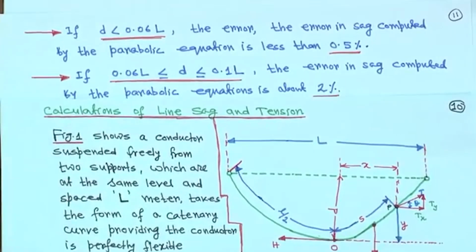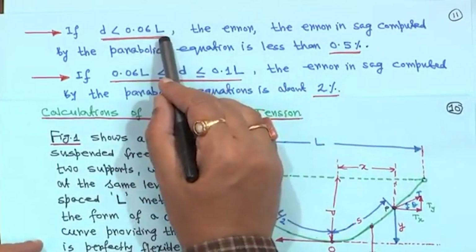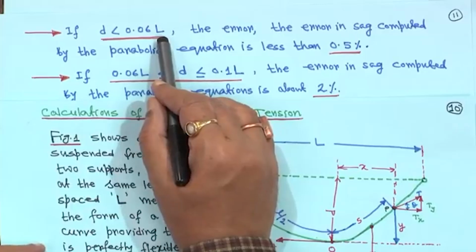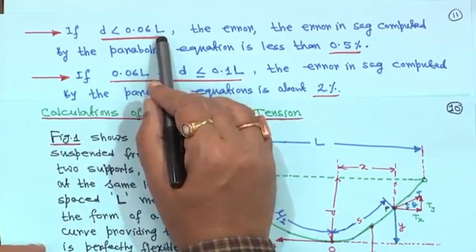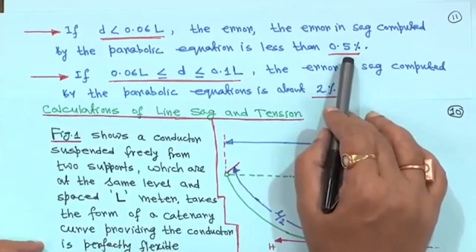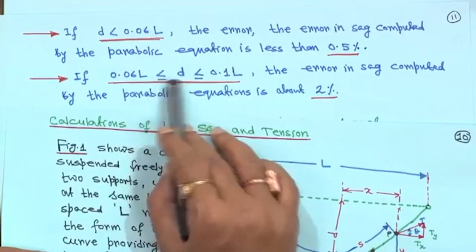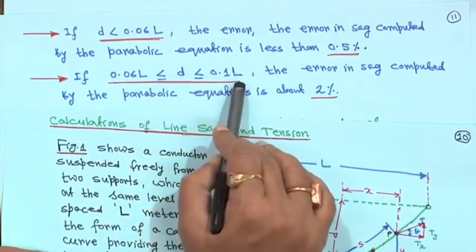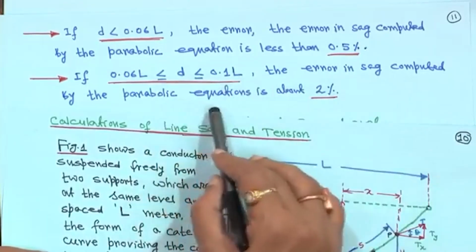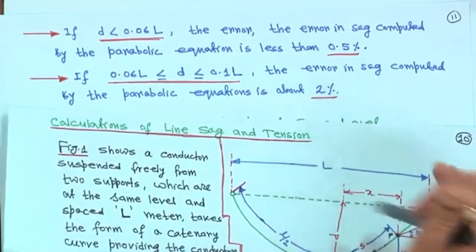That means if d is less than 0.06 L, the error is very small, just 0.5%. If d lies between 0.06 L and 0.1 L, then the error in sag computed by the parabolic equation will be about 2%, which is also quite small.